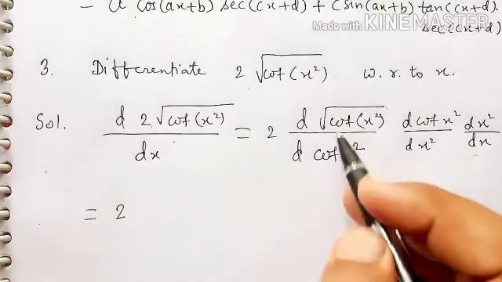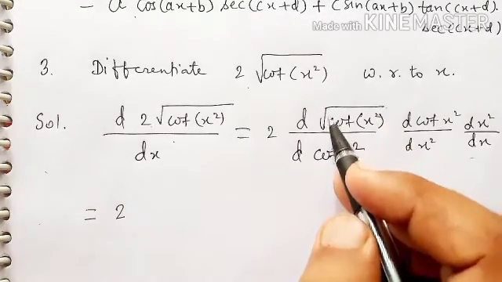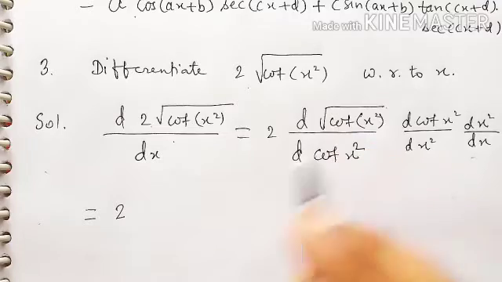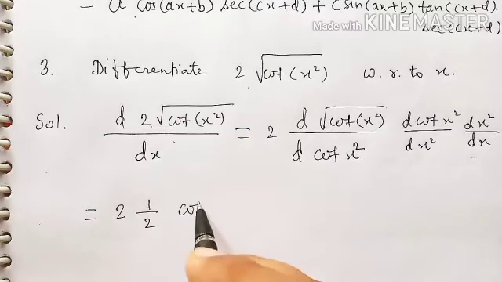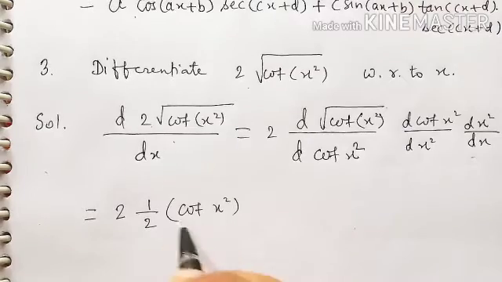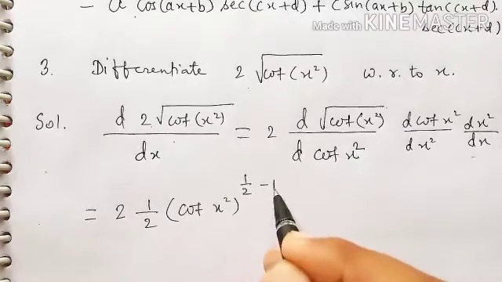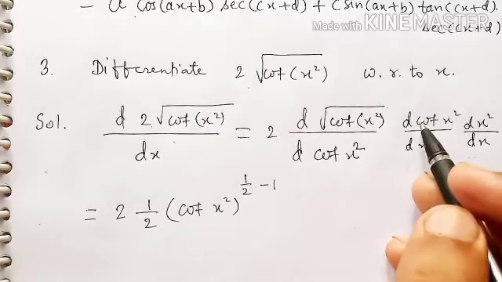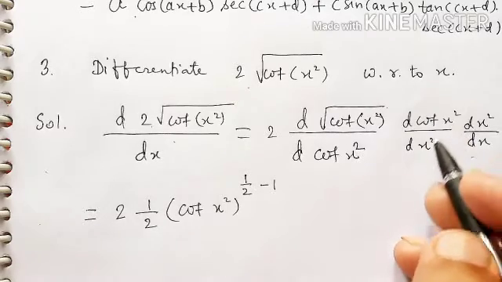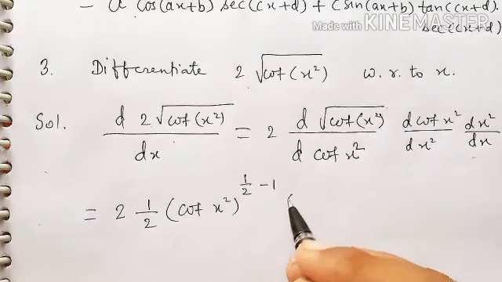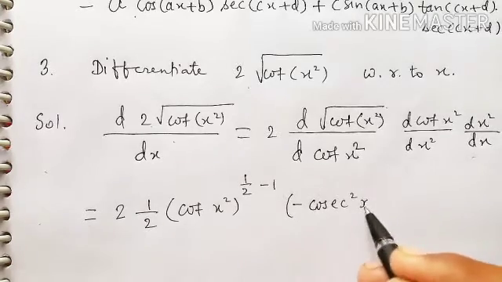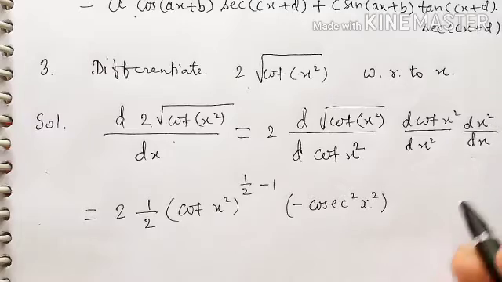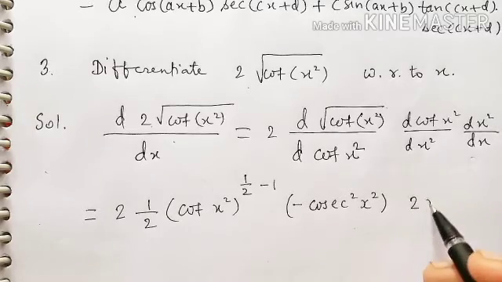2, here a square root of cot x². This is x to the power n, n is 1/2. So 1/2 times x to the power n minus 1. Right? Now this one, d of cot x² is minus cosec² x². d of x² is 2x.